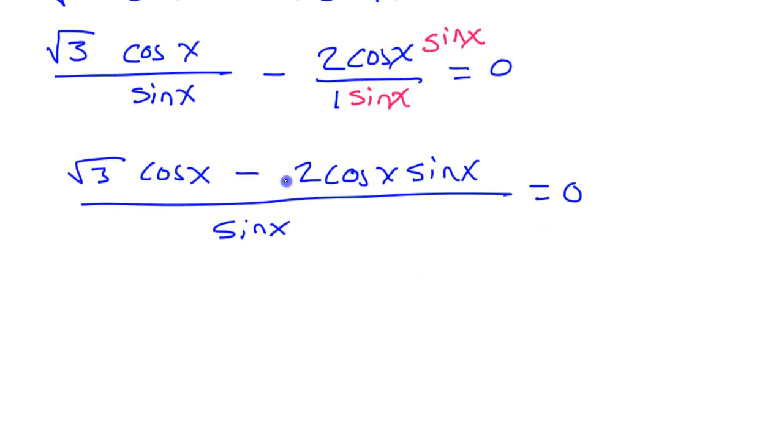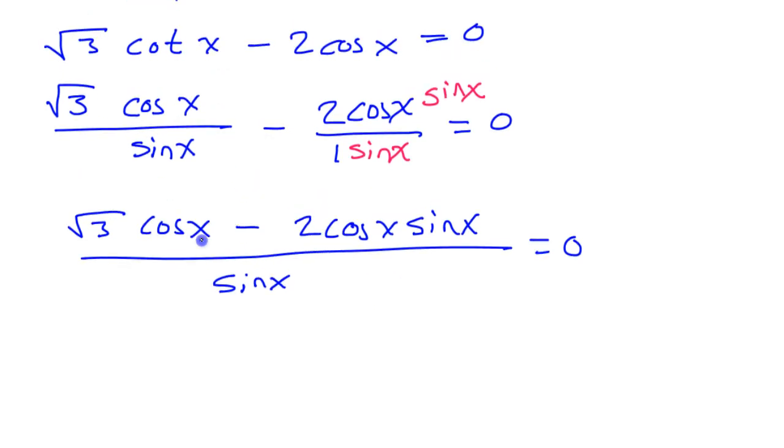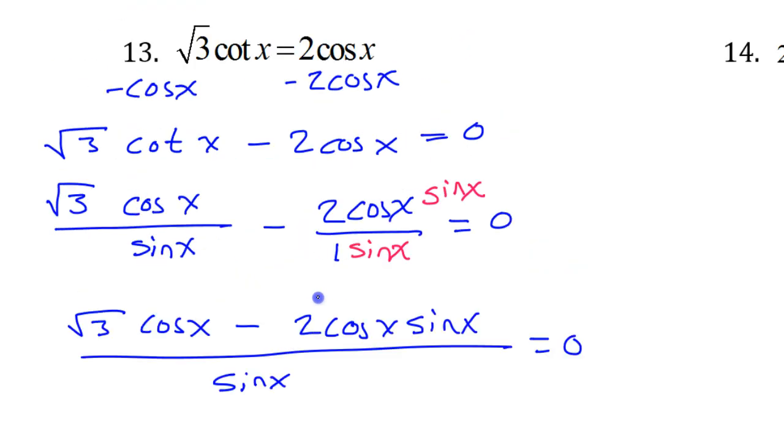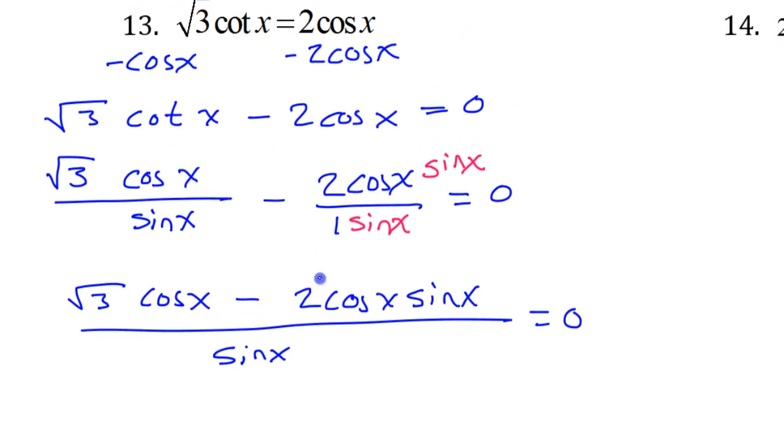Now, I'm thinking about what to do next, and the only thing I can really see, by the way, you can't cancel out these sines. That's a common mistake that students will want to make. Because these are connected by a minus sign, you cannot cancel these out. But because both of these have cosine in them, what I could do is factor out cosine as a GCF. So that's what I'm going to do. I'm going to factor out the cosine.